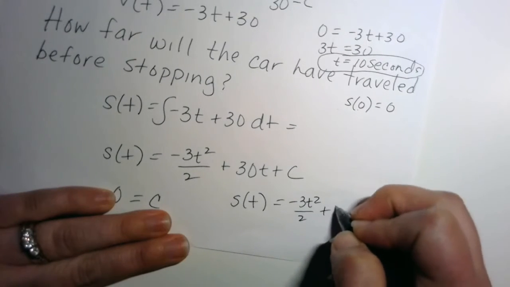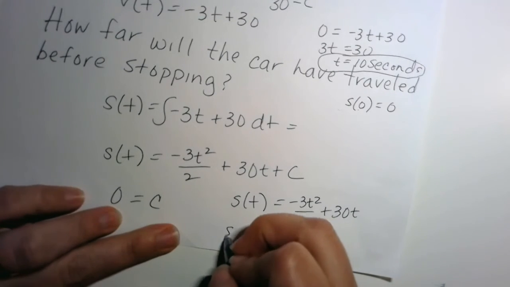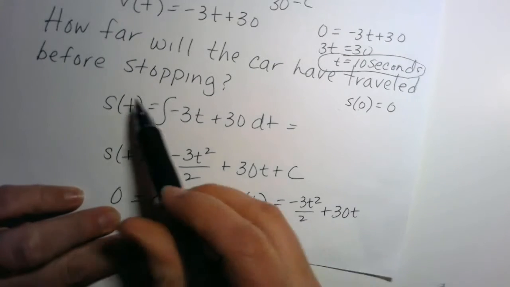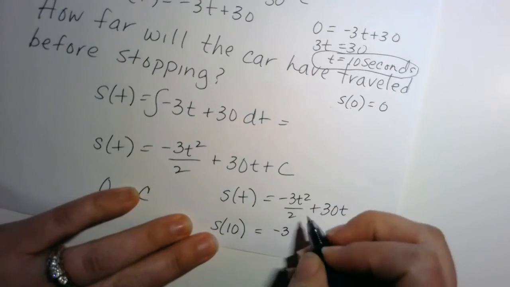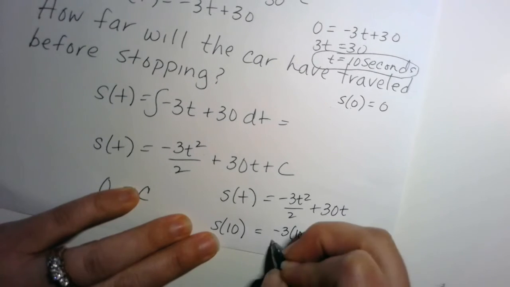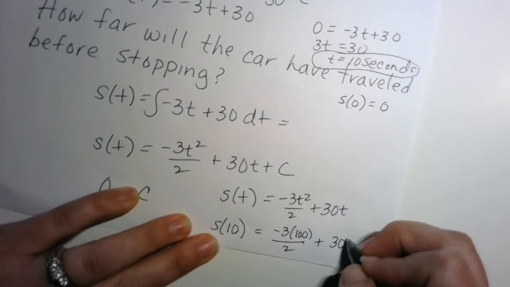over 2 plus 30t. Now I want to know how far it traveled in the first 10 seconds. So in this case, we're just going to pop in 10 here, s of 10, because that's when we found the car stopped. And we get negative 3, and 10 squared is 100, over 2, plus 30 times 10, which is 300.